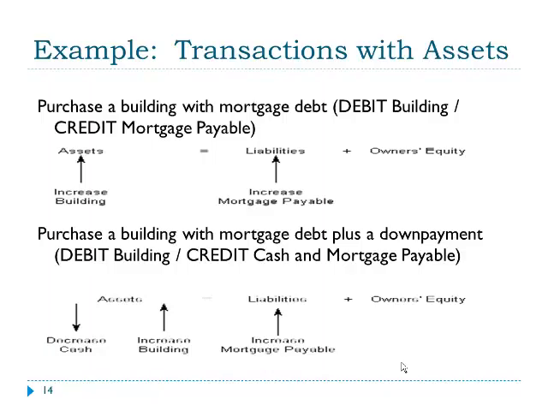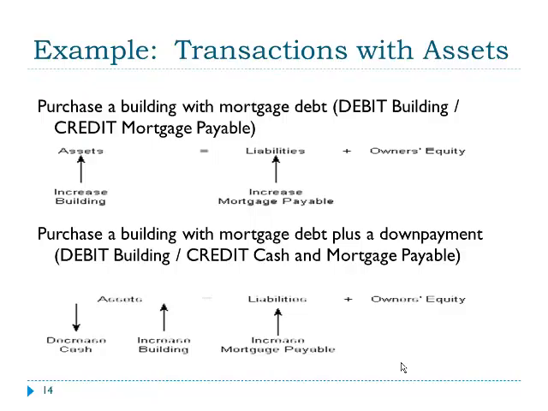Now, what if we have a combination, which is the most common case, where typically when buying a large asset, there's at least some amount of cash that has to be paid. So here, we both pay a down payment of cash and have a mortgage payable. Here, the decrease in cash fits the definition of a credit, decrease in an asset.